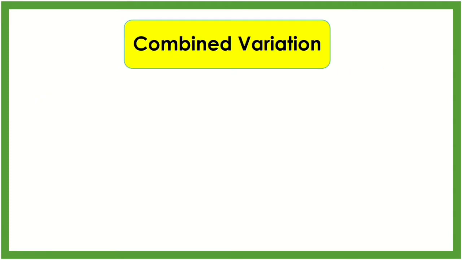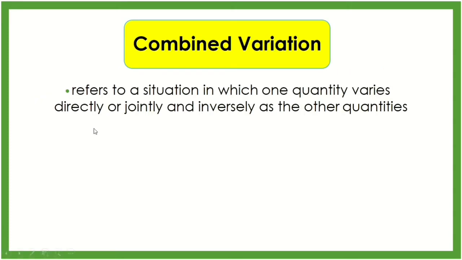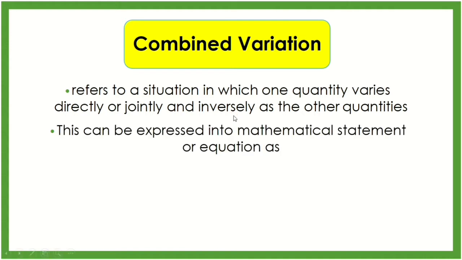What is combined variation? Combined variation refers to a situation in which one quantity varies directly or jointly and inversely as the other quantities. From its title, combined variation, so ito ay combination ng direct or joint variation at saka inverse variation.